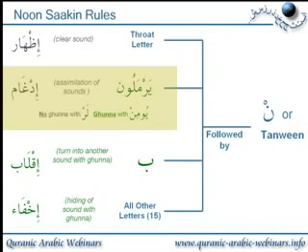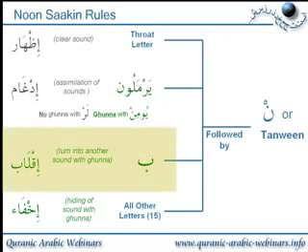And if it's one of the Yanmu letters, you do apply the Ghunna with the assimilation. If Noon Saakin or Tanween is followed by the letter Ba, we do Iqlaab, which is turning the sound of the Noon Saakin into another sound, which in this case will be the Meem Saakin.